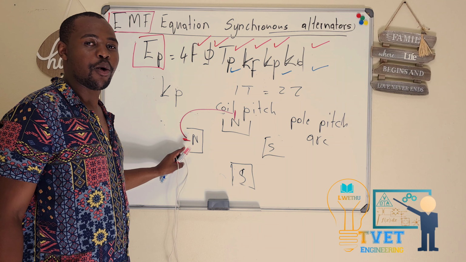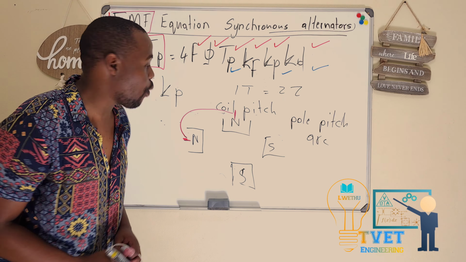We have 4 poles, meaning we have 2 pairs, north and south, north and south. And the distance from the center of one pole to the center of the adjacent pole, we call that a pole pitch. Always remember that, guys, or a pole arc.